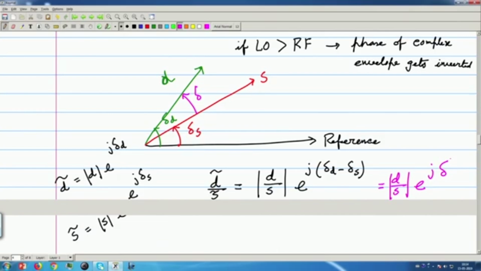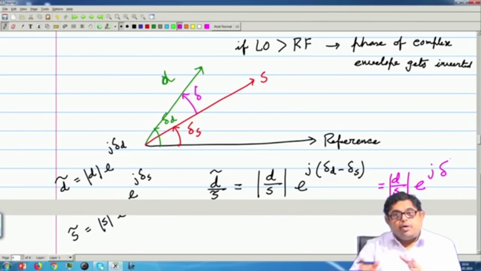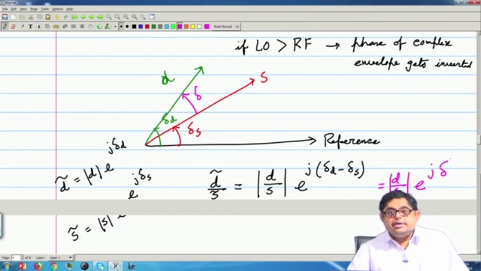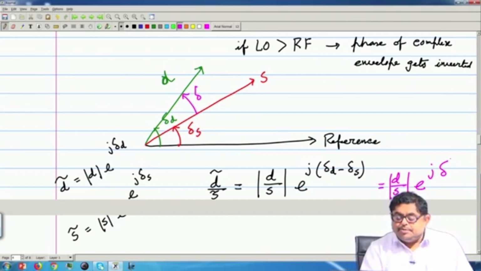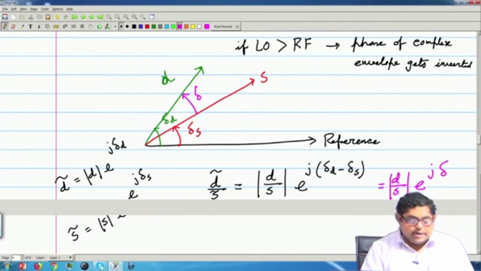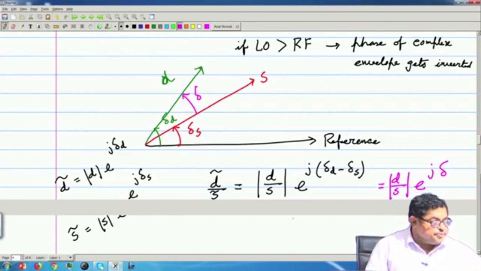This part contains all the information, and now we will prove various things. If this reference oscillator drifts, what do we get?